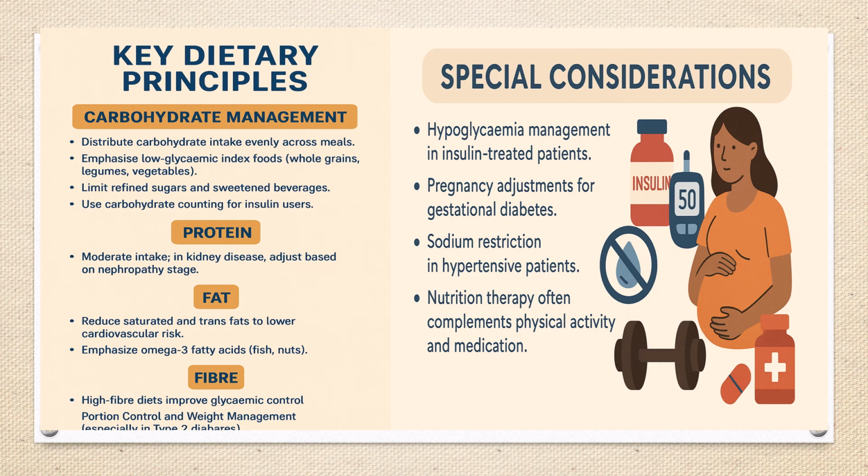We don't want our patients to grow up and later in life be susceptible to diabetes. We need to manage gestational diabetes, and there is need for pregnancy adjustment during this period. For patients who are hypertensive, we need to restrict sodium, and we also need to complement nutritional therapy with physical activities and medications.